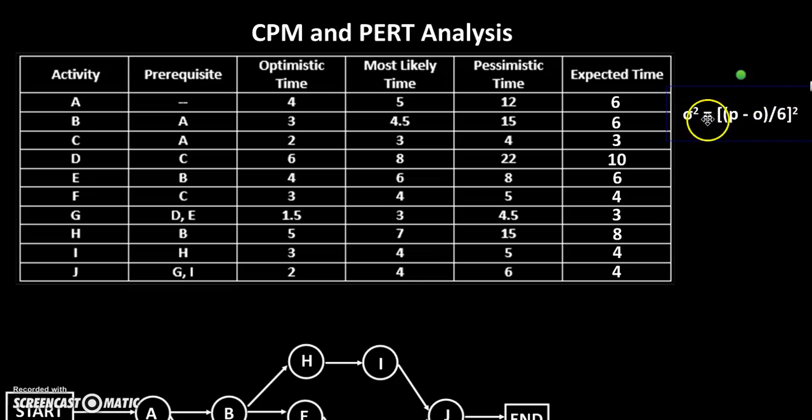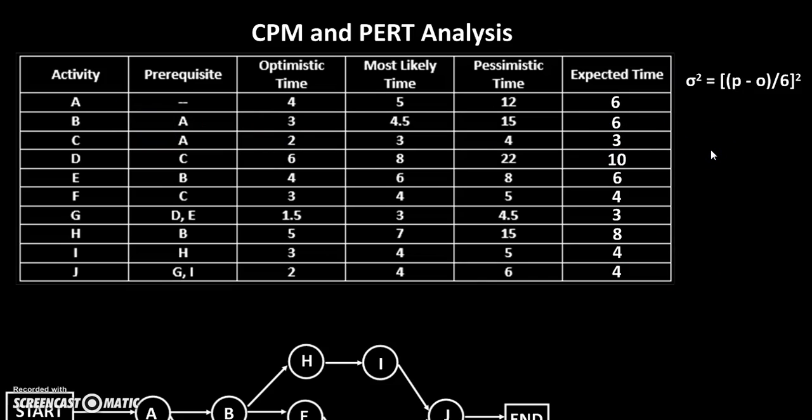So what pessimistic time and what optimistic time are we using, because we have whole columns of them? Well, what we're going to do is find the variance for each activity in the critical path.